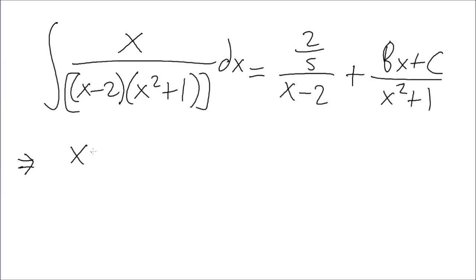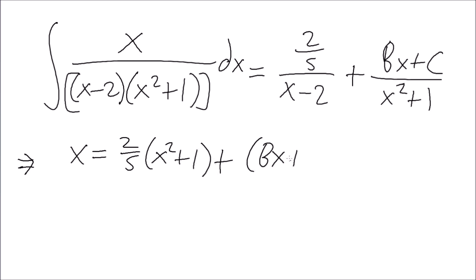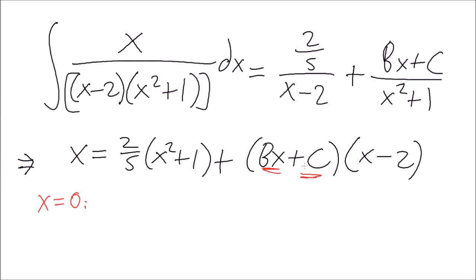So we have x equals 2/5 of x squared plus 1 plus bx plus c, x minus 2. First of all, I need x to equal 0. It's the first thing because I need to find c, and we have bx, so of course let x equal to 0.